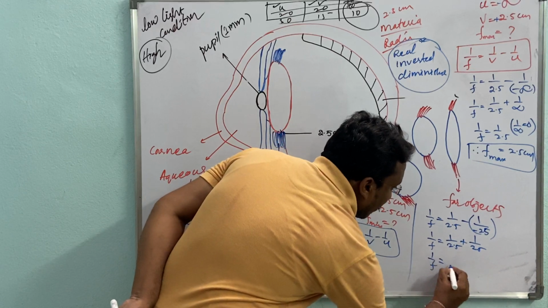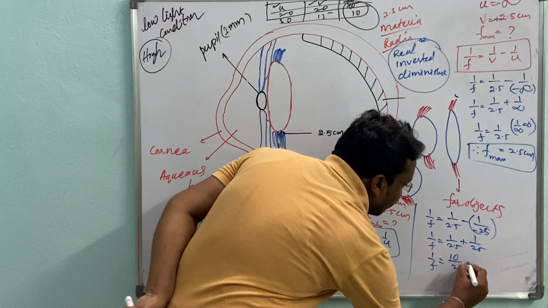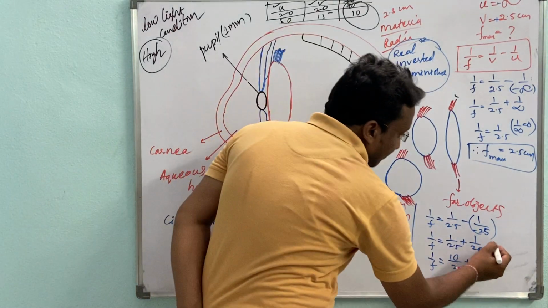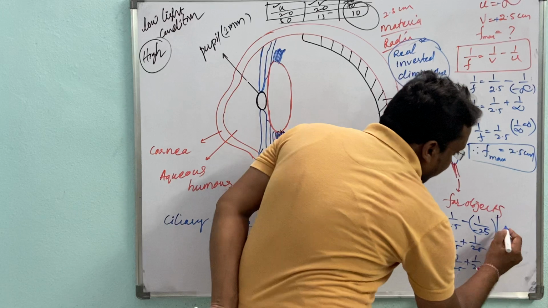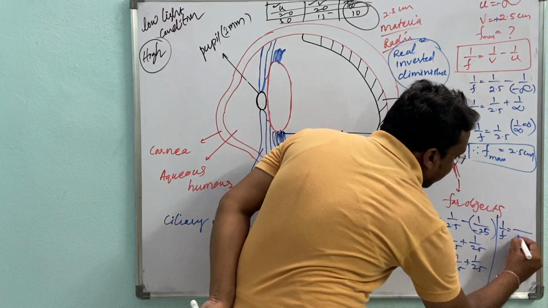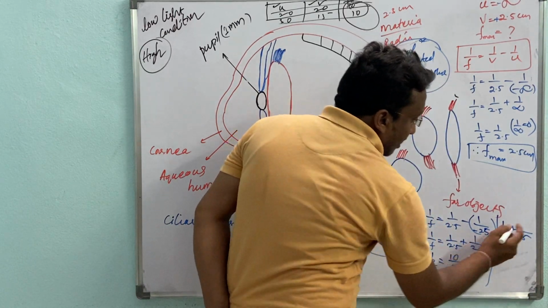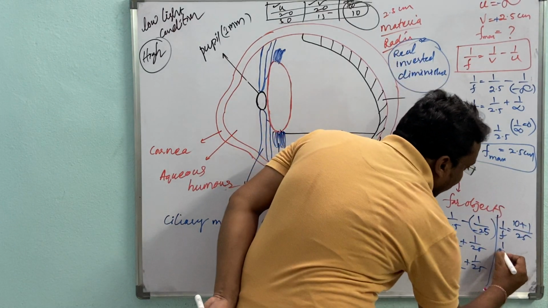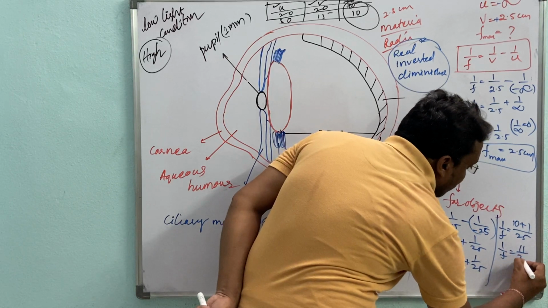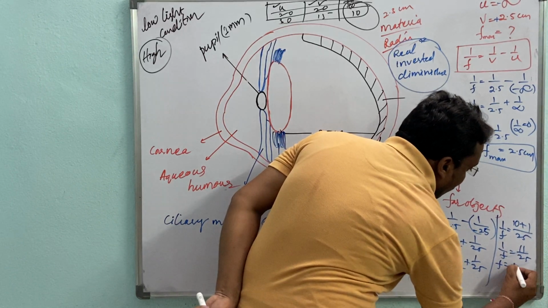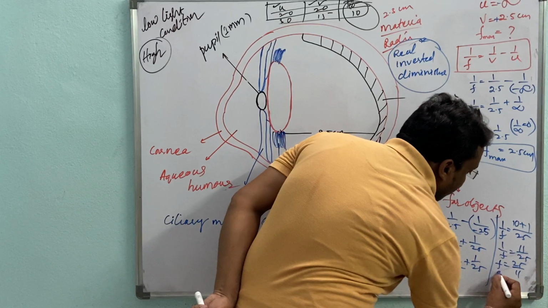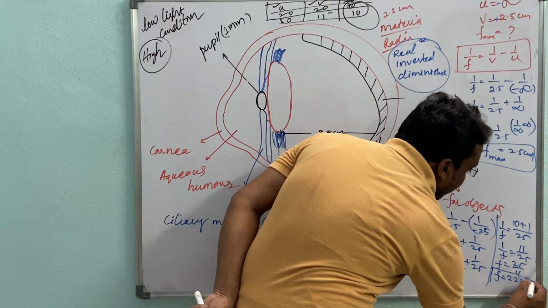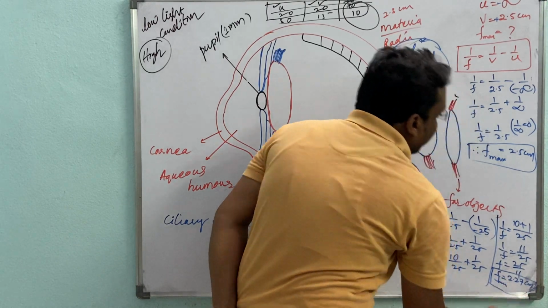Then 1 by f equals 10 by 25 plus 1 by 25. LCM is 25, then 10 plus 1. Then 1 by f equals 11 by 25, then f equals 25 by 11, that means f equals 2.27 centimeters. This is the minimum.